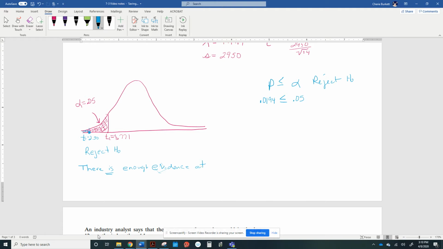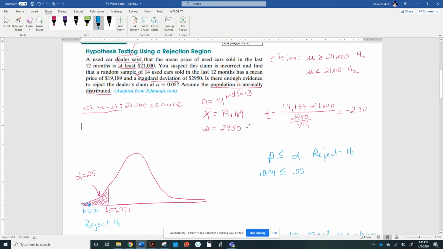At 5% significance level to reject, and that was the other fill in the blank word, the claim that, what was the claim?